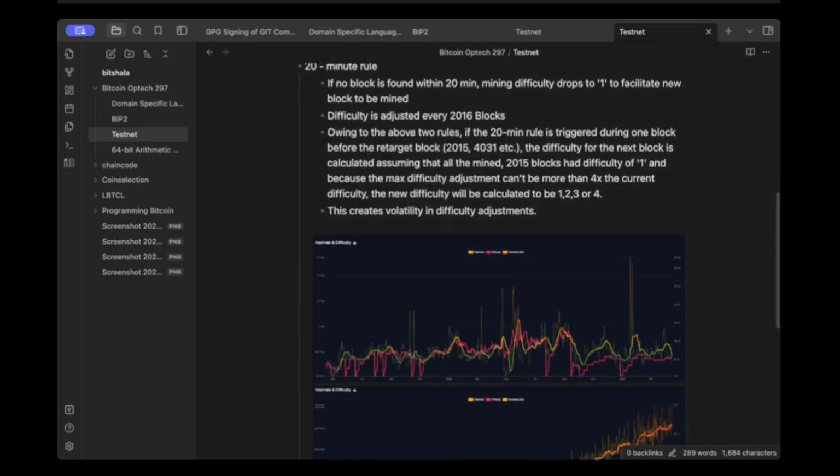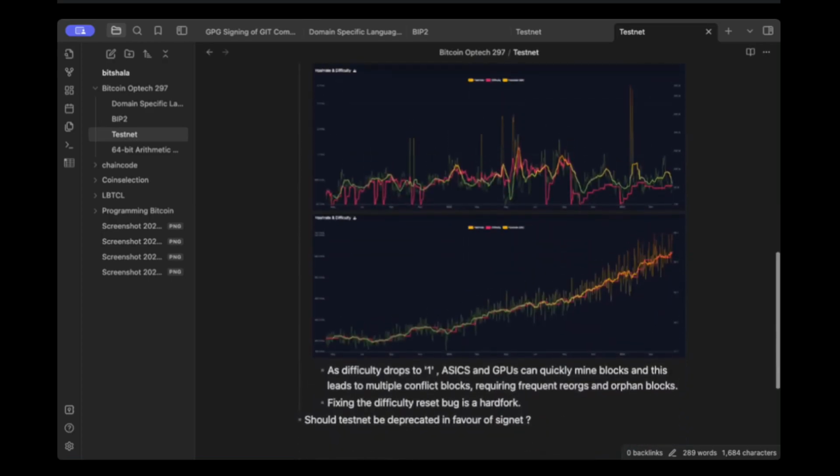You can see this volatility here. The top graph is that of testnet, and the bottom one is that of mainnet. The red lines are difficulties. You can see that the difficulty drops significantly, and then it gets back.